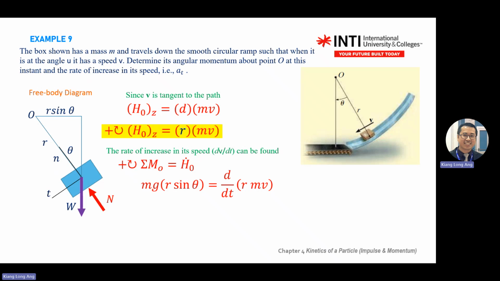What is your d? Moment equals force cross d. For your n, what is your d? d is 0.